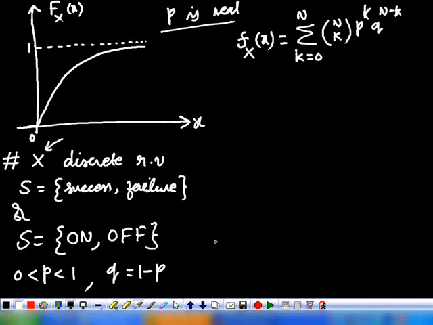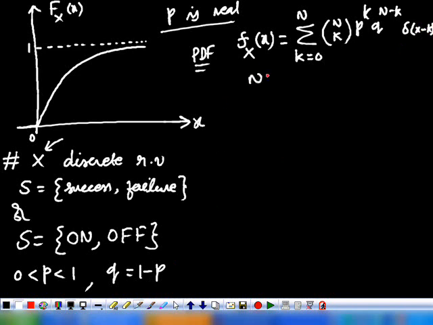Therefore, in case of the discrete random variable, the probability density function is represented in terms of the delta function, delta of x minus... this is a function of x. Understood?